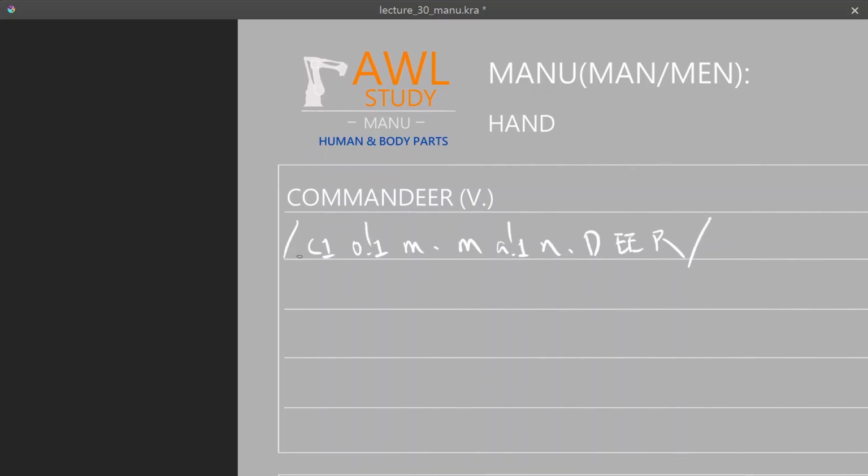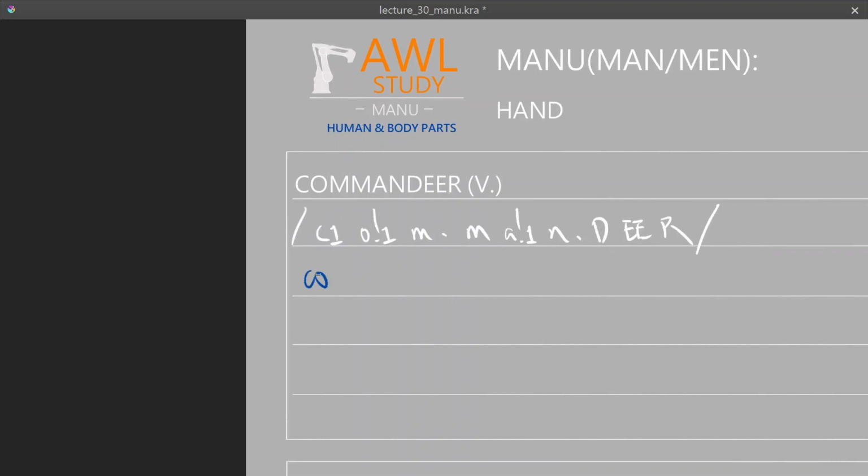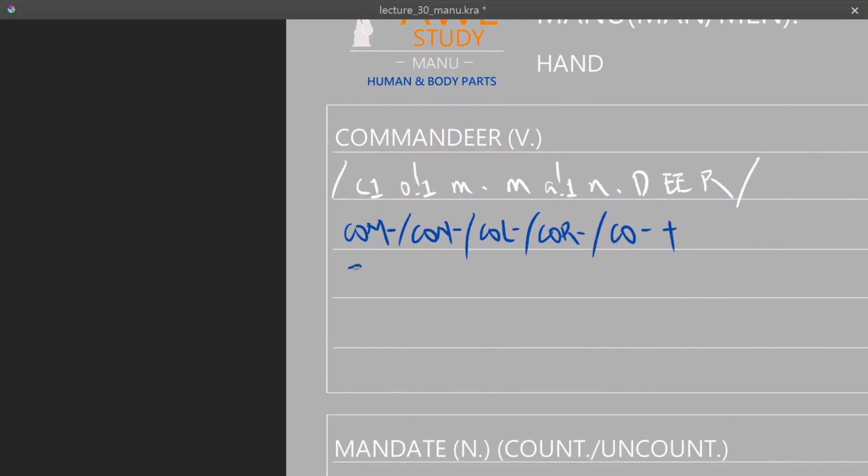And we have again the prefix C-O-M, C-O-N, C-O-L, C-O-R, or co, meaning together or completely.